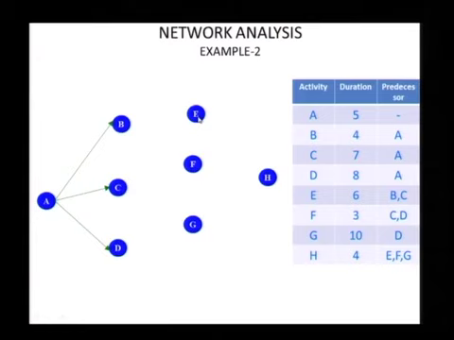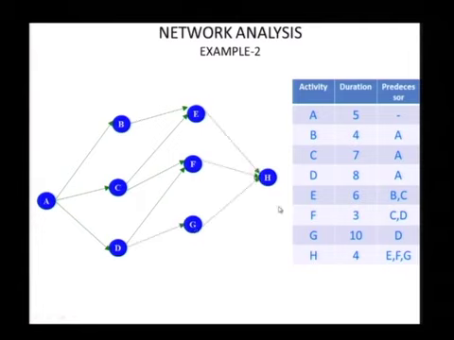Now I have E here, it has both B and C as predecessors, and F has C and D as predecessors. Now I come to G, it only has D as a predecessor. I come to H, it has E, F and G as predecessors. Okay, so this completes the network.